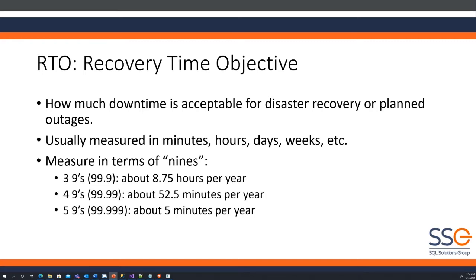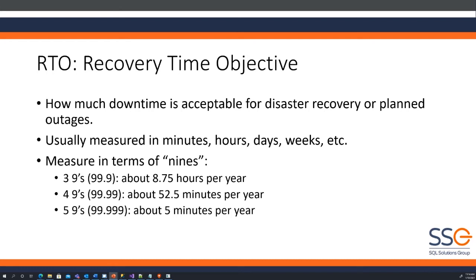This is typically measured in minutes, hours, days, or weeks. We don't see a lot of days or weeks, but for mission critical businesses and mission critical applications, this is minutes or hours, and hours at most, right?